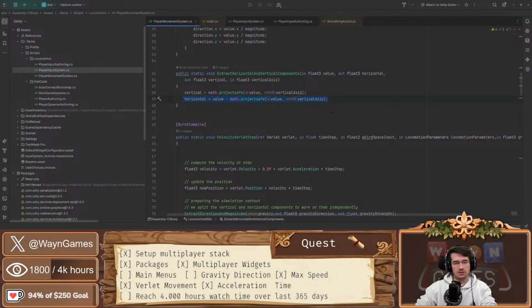That gives me the horizontal component of the input. But that will also affect the length of it.